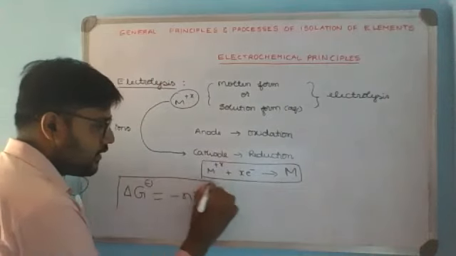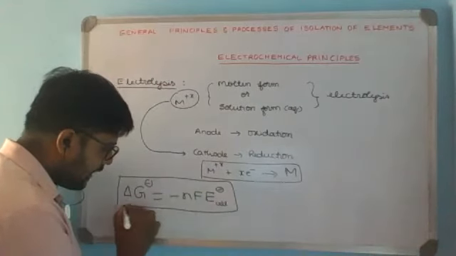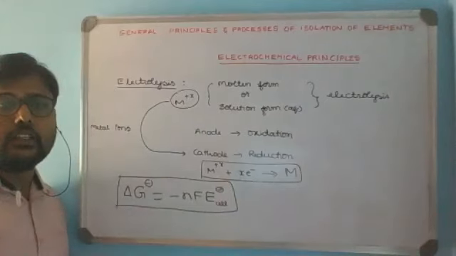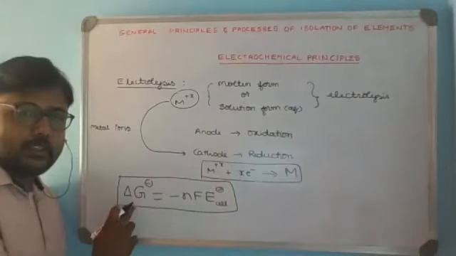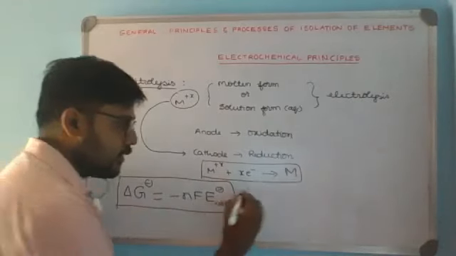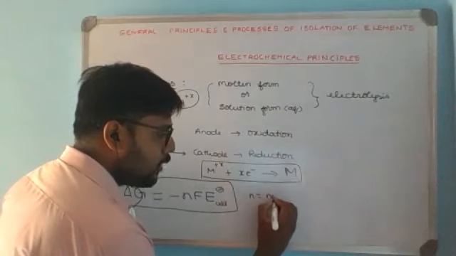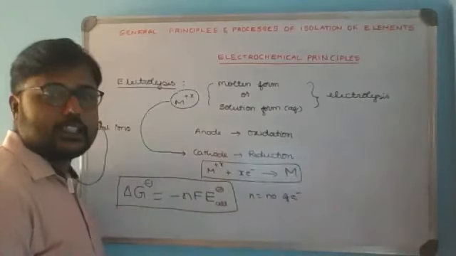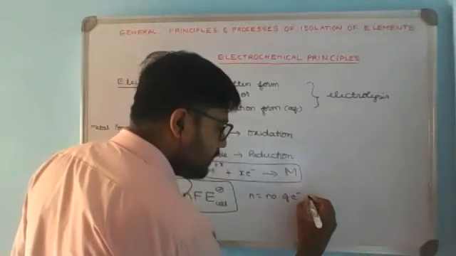By knowing this equation, we can understand the electrochemical principles. This equation in detail we are going to learn in electrochemistry. We know delta G naught is the standard Gibbs free energy change. n represents the number of electrons involved in oxidation or reduction.